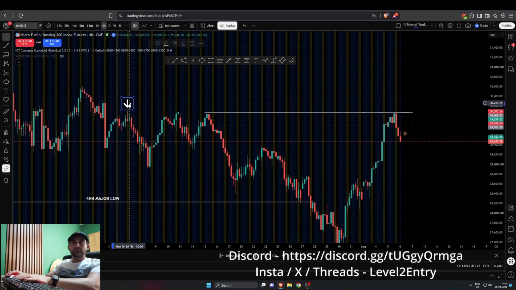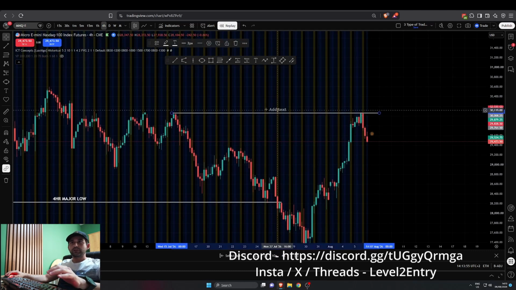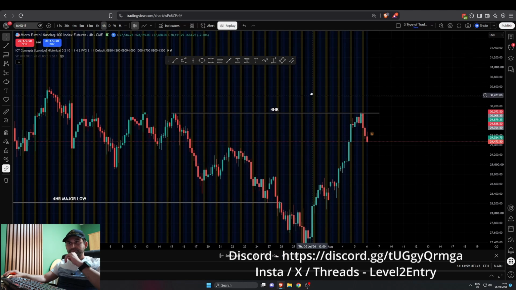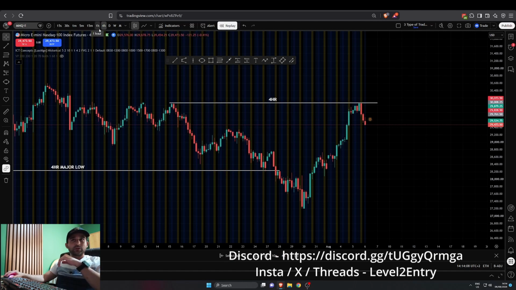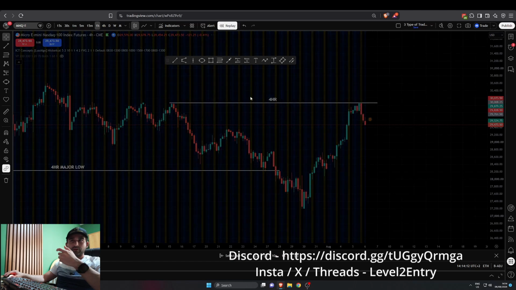Let's delete all of these. I will name this key liquidity point 4-hour. And so our job on the higher time frame, the 4-hour, is done. I will go down to the 1 hour to see if there were any liquidity points that I could have marked.